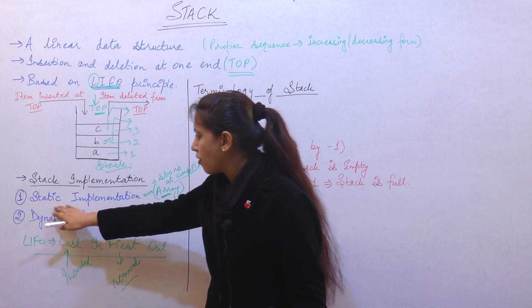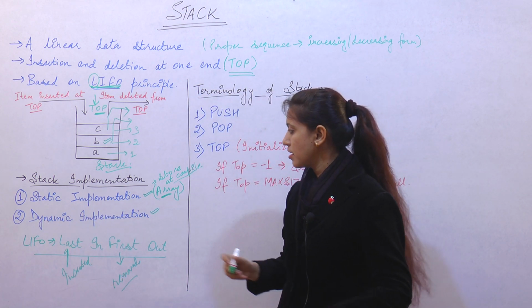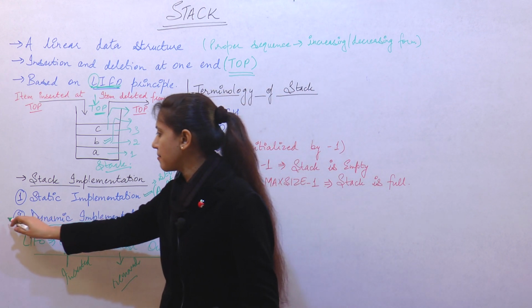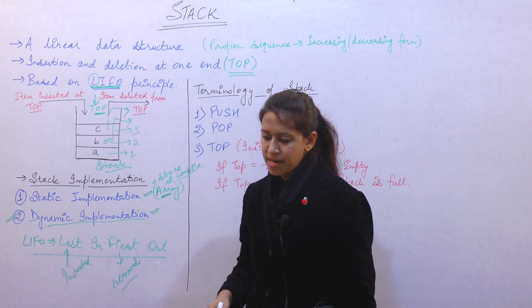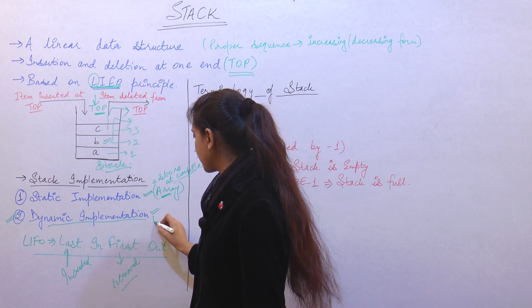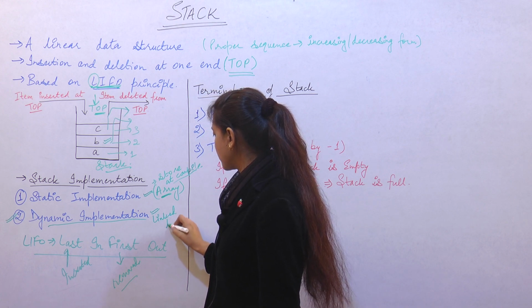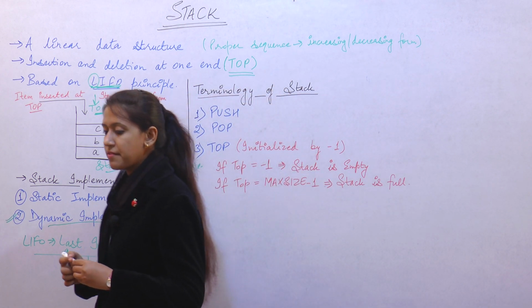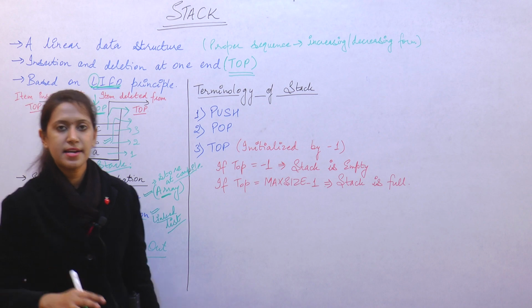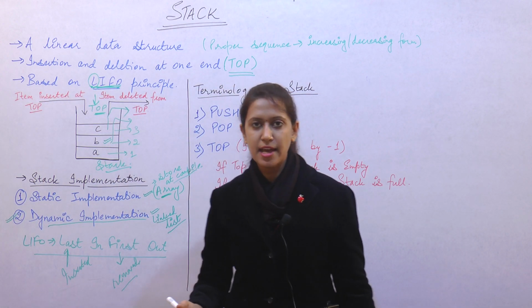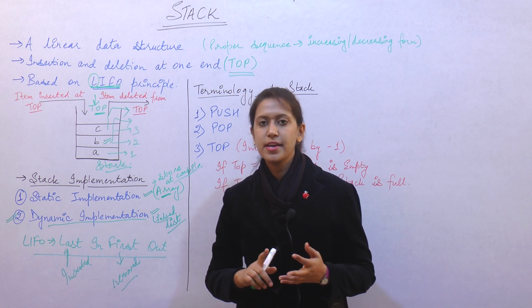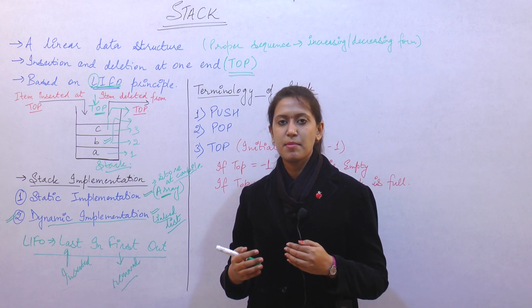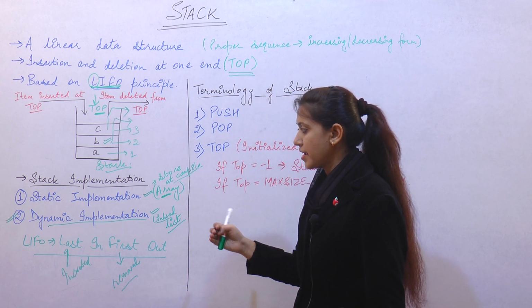In order to overcome the problem of static implementation, we use dynamic implementation. In dynamic implementation, we use a linked list for representing the stack. We assign memory at runtime, so there will be no wastage of memory. We can assign memory according to the data that we have.